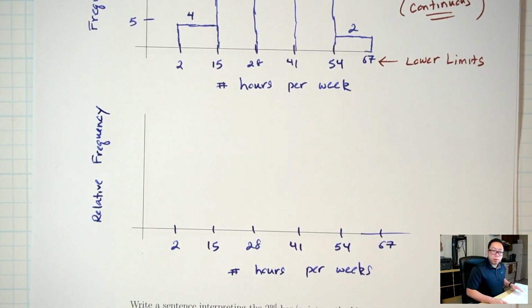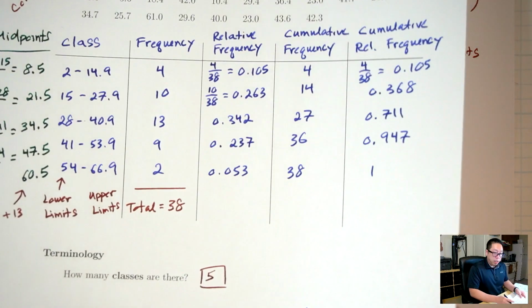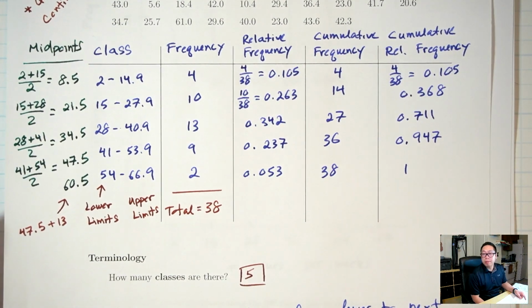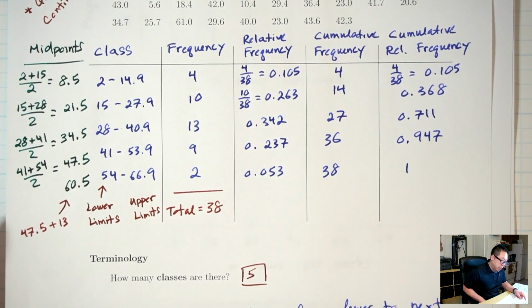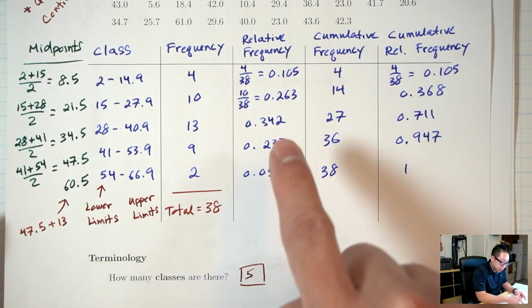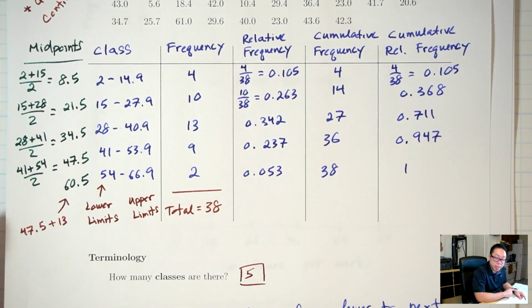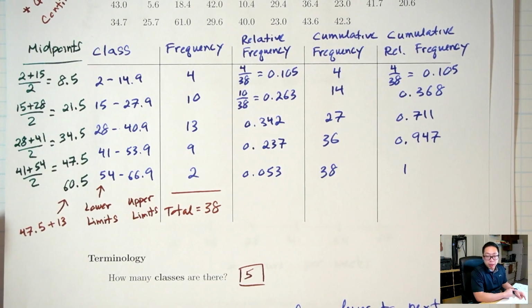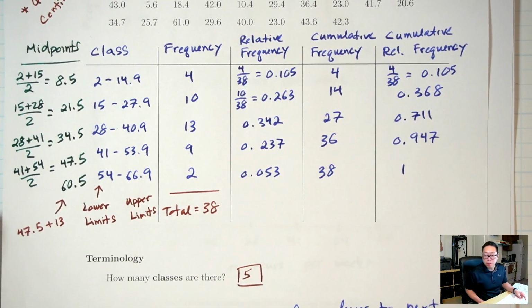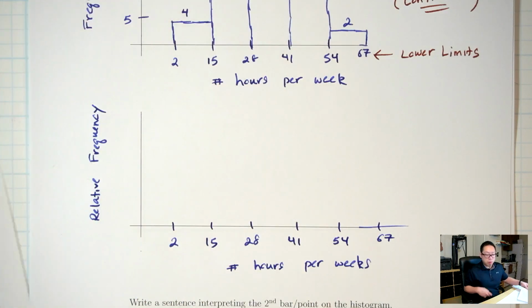Okay, if I look at my relative frequencies, and if you followed my directions, they're all 3 decimal places, 0.053 on the low end, and I think 0.342 on the high end. So I think the best way to count this out is to go 0.100, 0.200, 0.300, and so on.